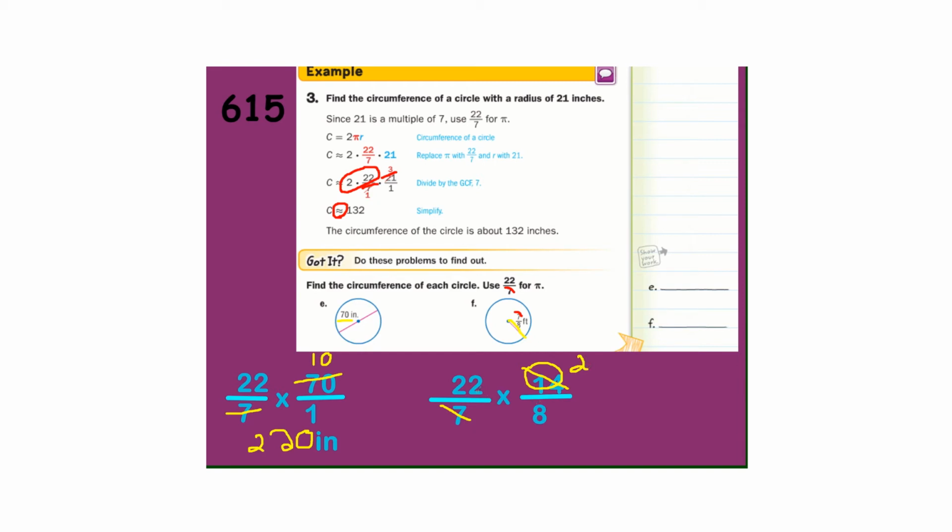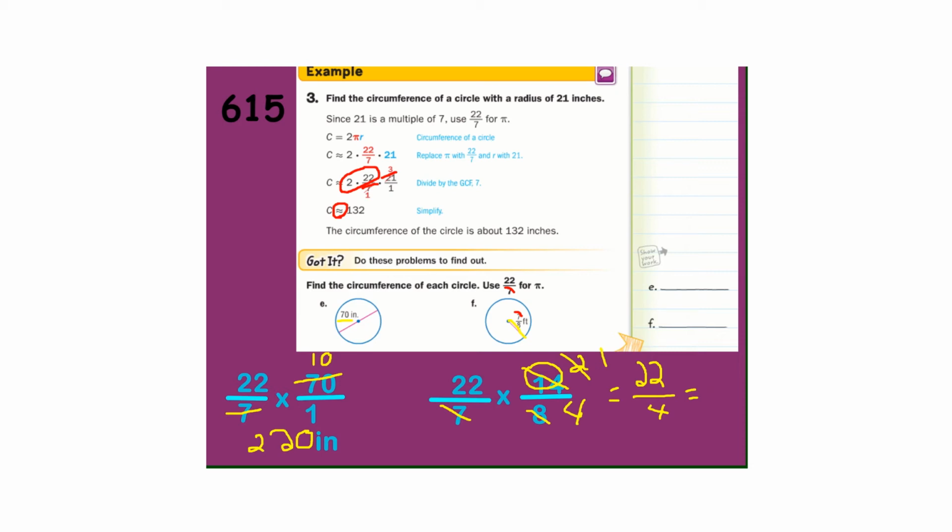So now we have 22 times 2/8. So I now can simplify. 2/8 is what? 1/4. So my answer is 22/4. What is 22/4? Equals 5 1/2 feet for letter F. Okay?